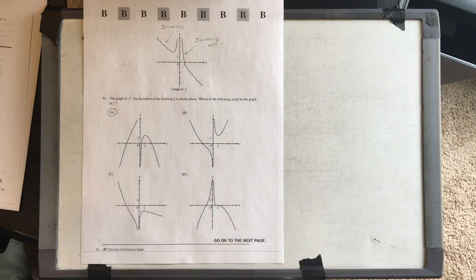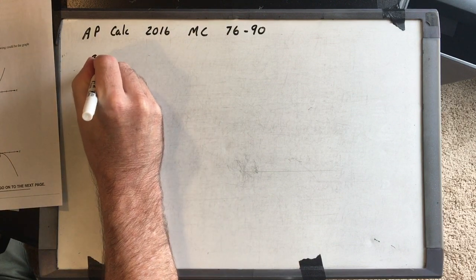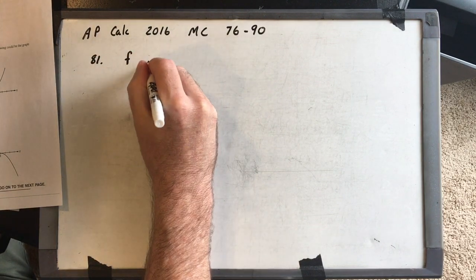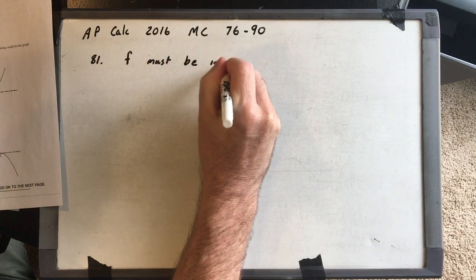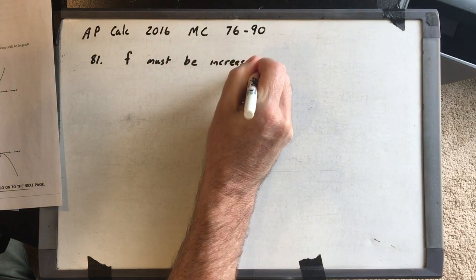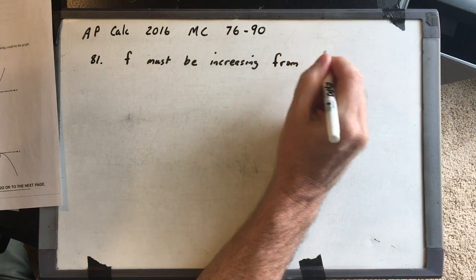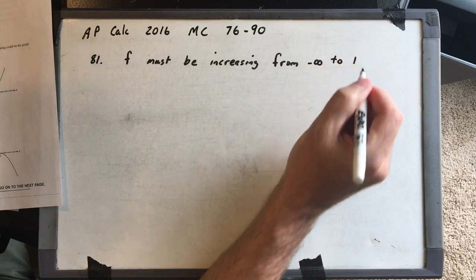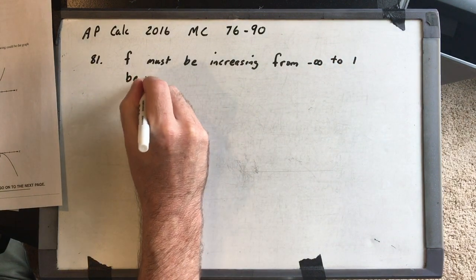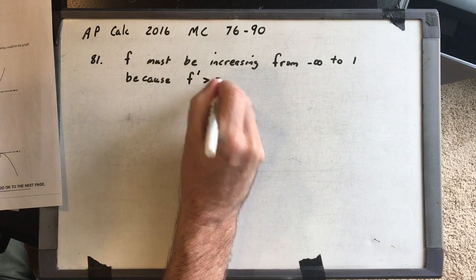So the original function f must be increasing from the left side, negative infinity, to 1 because f prime is greater than 0.